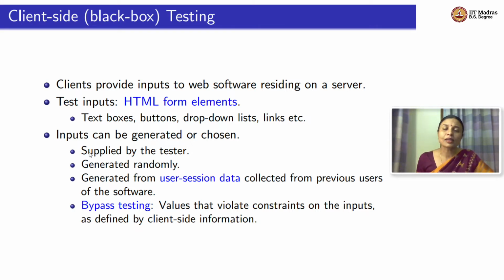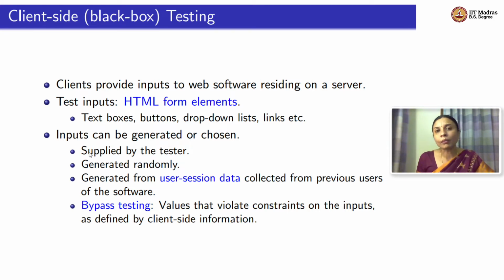Another way to test is what we call bypass testing. So typically, client inputs are sent to the server, and the server response is rendered as a web page back to the client. For invalid inputs, the inputs that are considered wrong, client always runs some scripts or constraints to check if the input is correct. Because if I send an invalid input to the server, it might end up corrupting the data in the server.